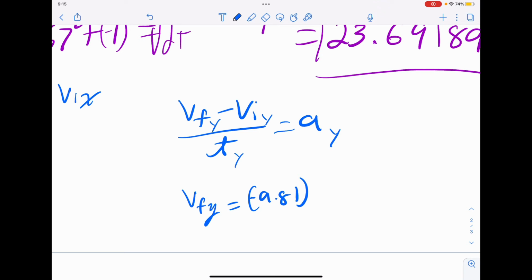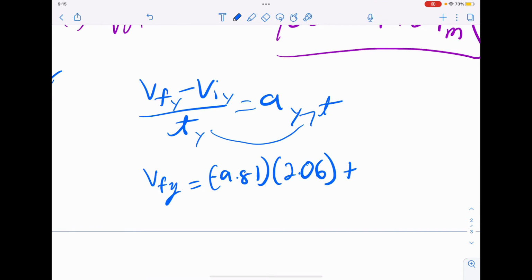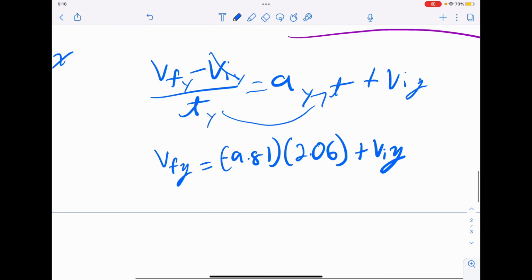We're going to multiply it by time, so we end up multiplying it by 2.06. Then we're going to add our V initial in the y to cancel that over here. Our V initial in the y was 15 sine 40, as we did before.